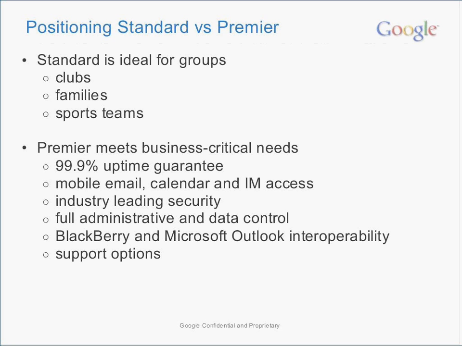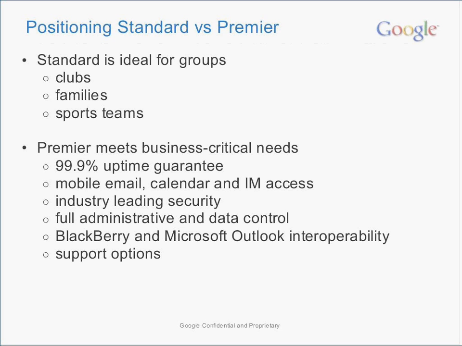So over here, this is basically talking more about Google's motivation for these two editions and why we have them. The thing with the Standard Edition is we really created it to be suited for things like a small club, a soccer club, or something for families, sports teams, people who are not really business users of email, but they need those kinds of tools.